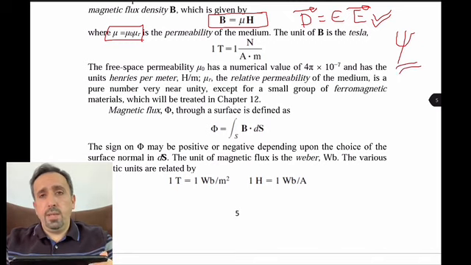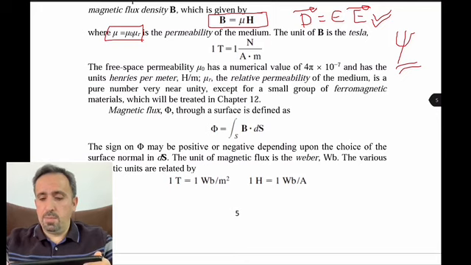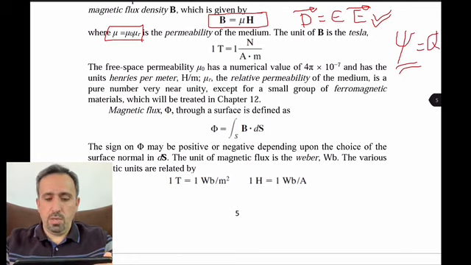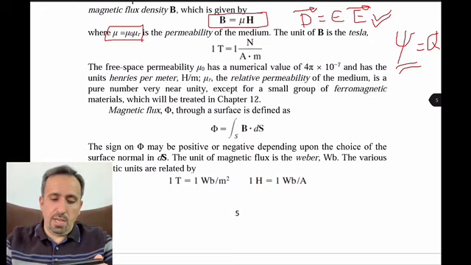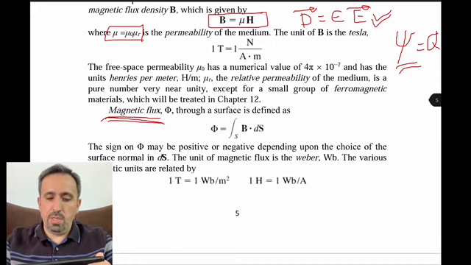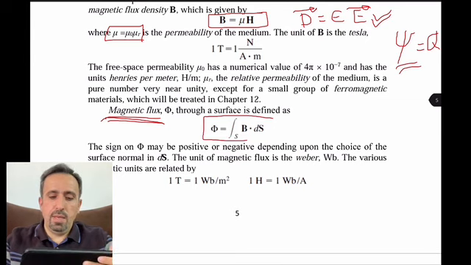It was the electric flux, and we said electric flux equals the charge Q. So here you will have magnetic flux also, just like the electric flux previously talked about. The magnetic flux will be called phi, and this phi can be calculated like that.